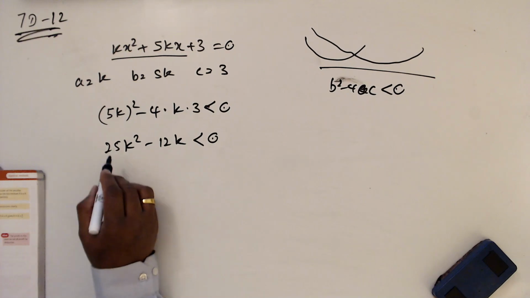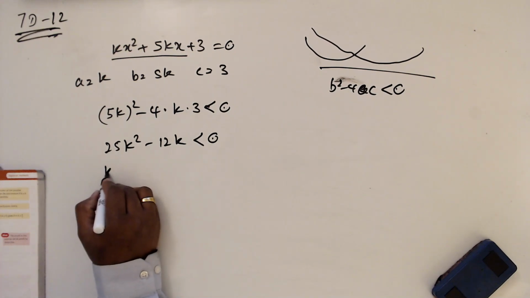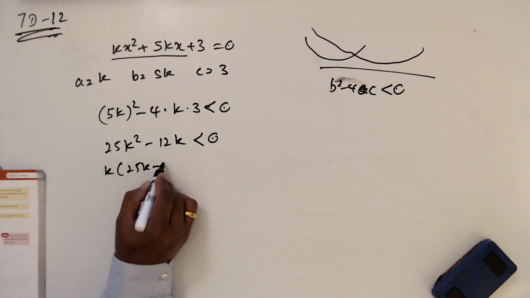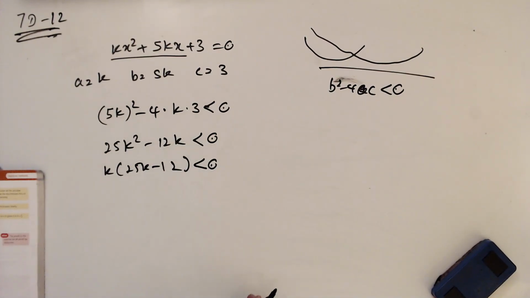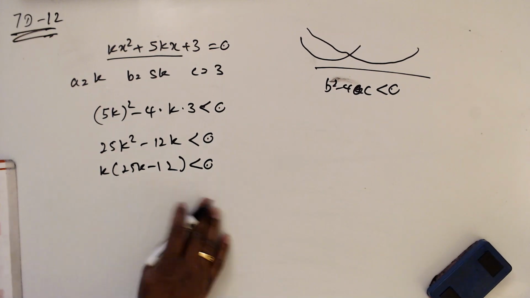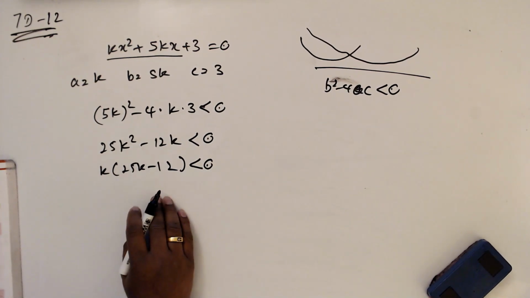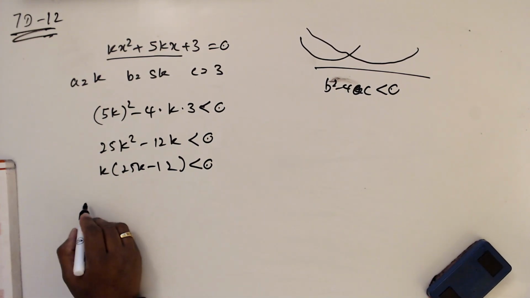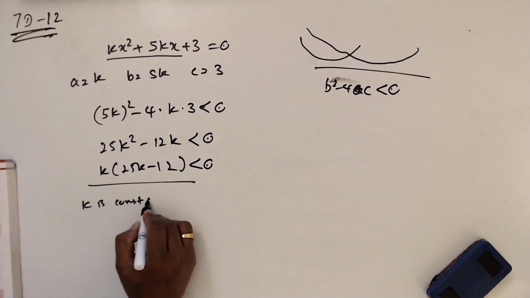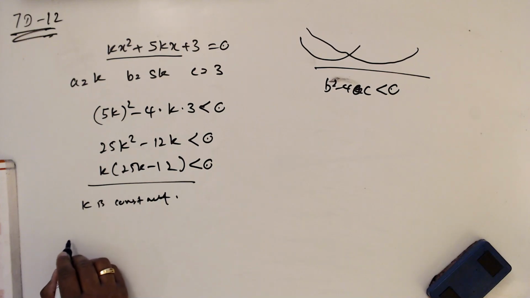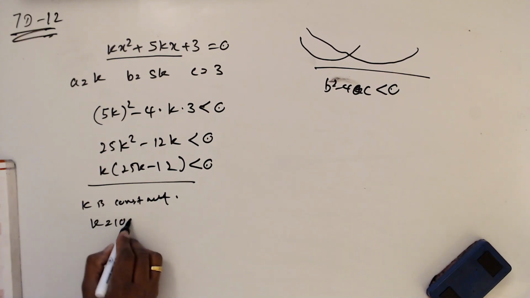I can factorize this one. k(25k minus 12) less than 0. Now k is a constant. Assume k equals 100.